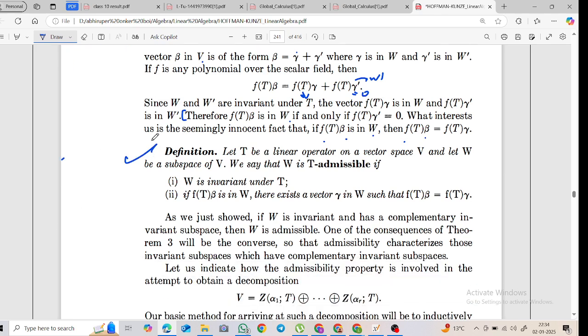Now, look at the definition. That is the definition of a T admissible subspace of V. W is a T admissible subspace of V if W is invariant under T, and if f(T) beta is in W, then there exists gamma in W such that f(T) beta is f(T) gamma.